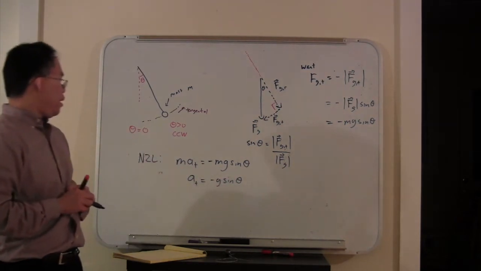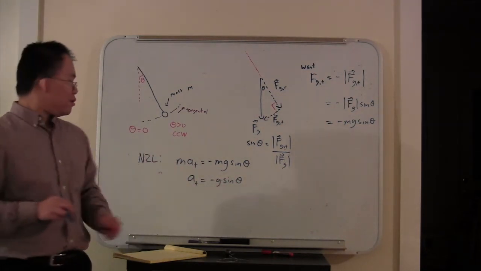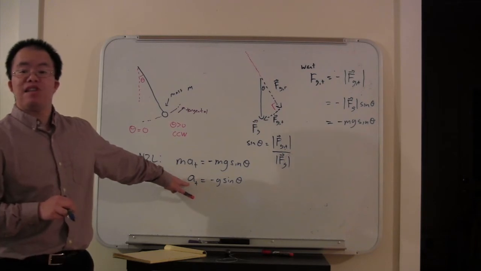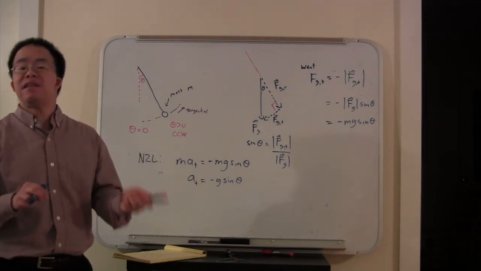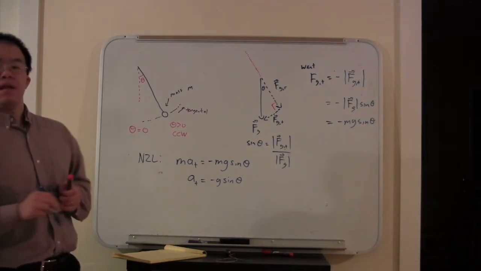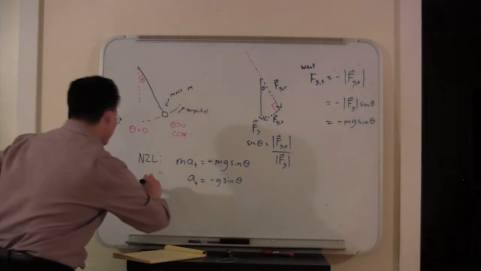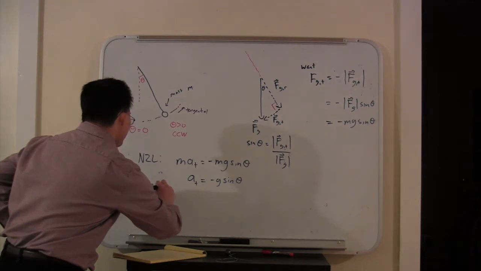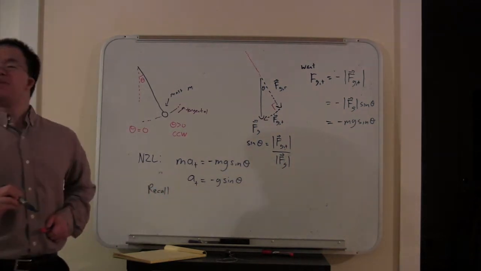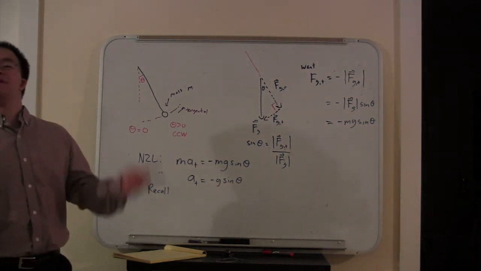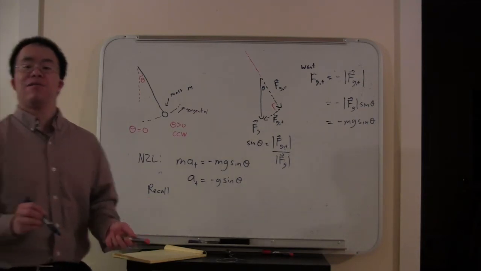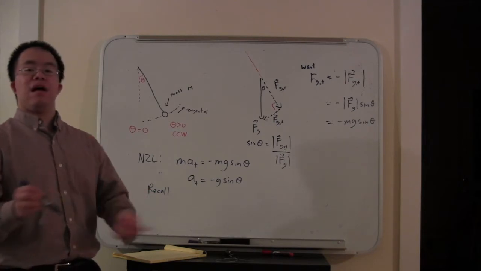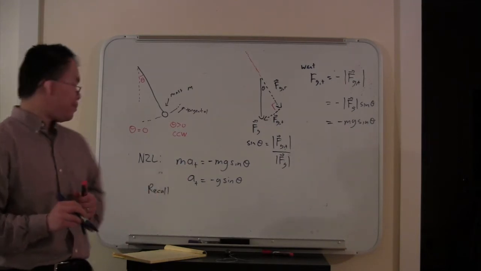What we will want to do is rewrite this tangential linear acceleration in terms of an angular variable. So again, recall from Physics 117 that I can relate linear acceleration to angular acceleration for something that's undergoing circular motion.